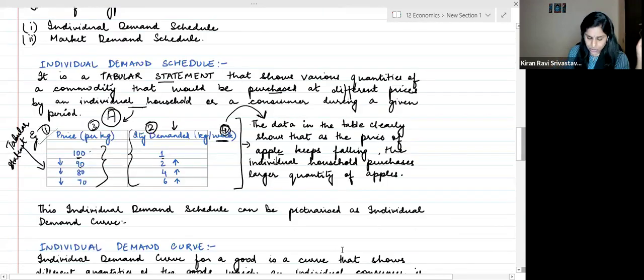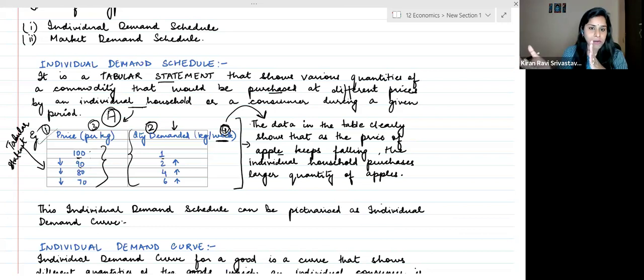So this individual demand schedule can be picturized. This table, when I convert it into a graph, into a picture, becomes a demand curve. That's why I'm teaching individual demand schedule, market demand schedule, and then individual demand curve, because I want to show you how the schedule gets converted into a curve.